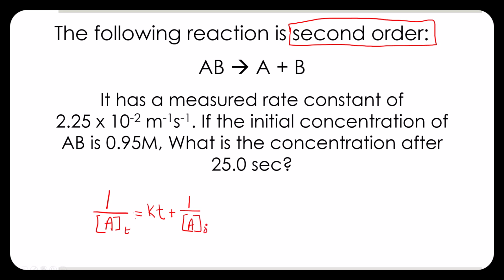So I know to pick that formula because it's second order. So let's go ahead and take inventory of what we know and decide what it is that we're solving for. So I'm just going to recreate the formula up here.